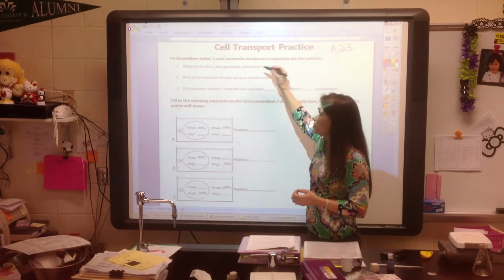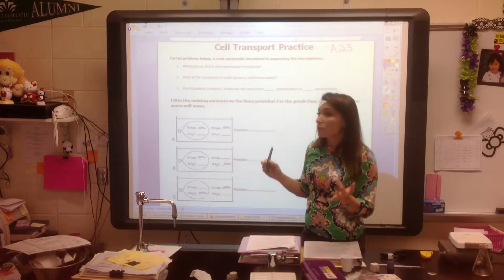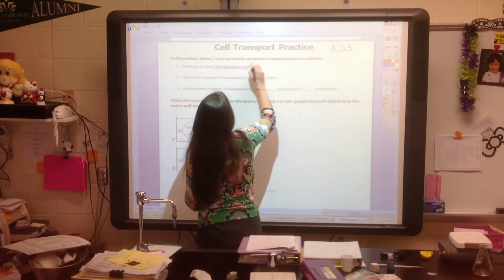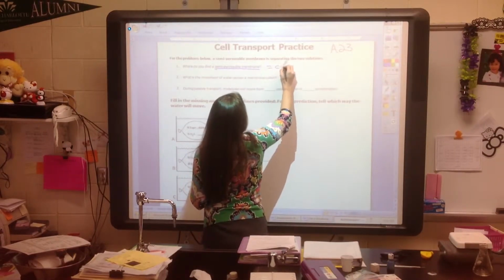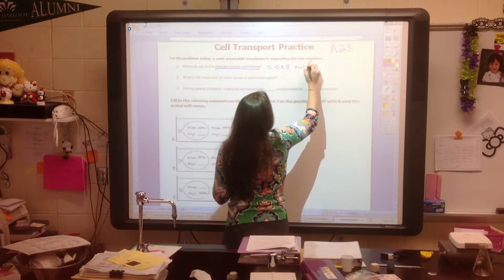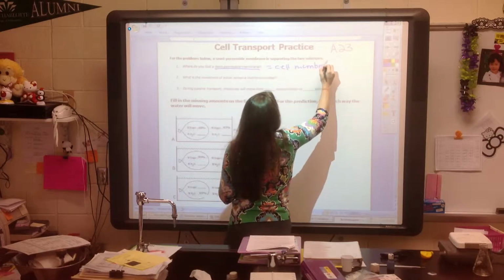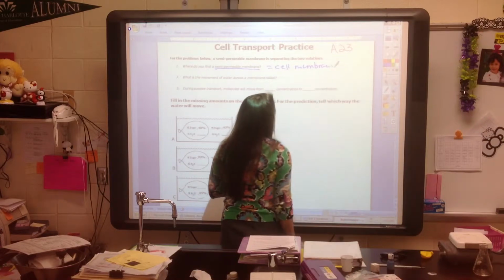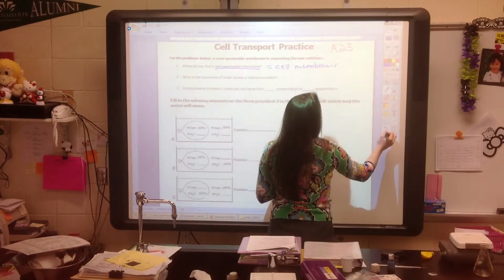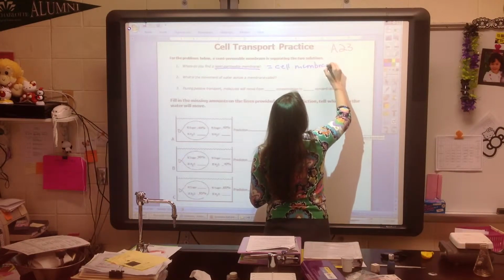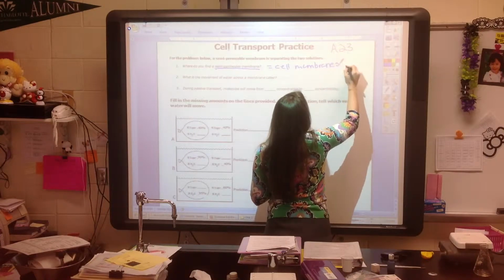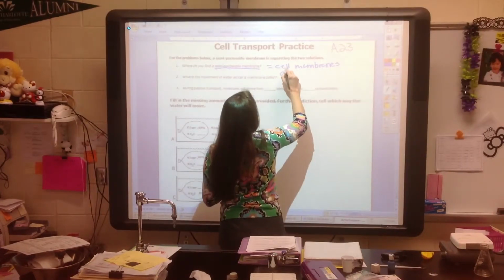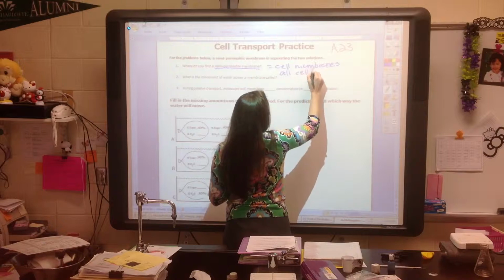And so where do you find a semi-permeable membrane? Remember, semi-permeable membranes are your cell membranes. And cell membranes are found around the outside of all cells. And that's really important.